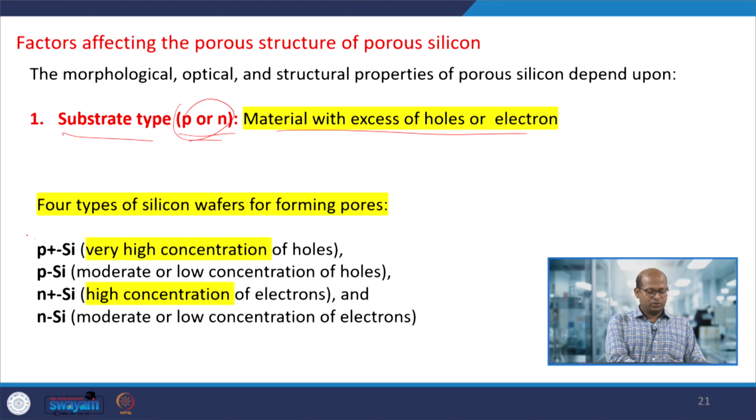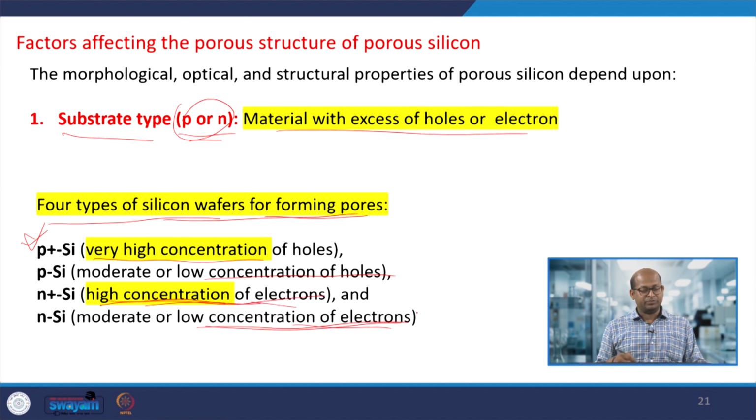Okay. Let us say a very high concentration of holes is present. There are four different types of silicon wafers that we can consider: either a very high concentration of holes, or a low concentration of holes, or a high concentration of electrons, or a low concentration of electrons.